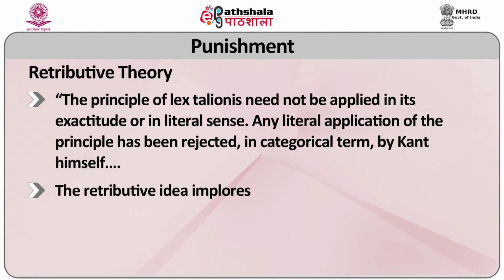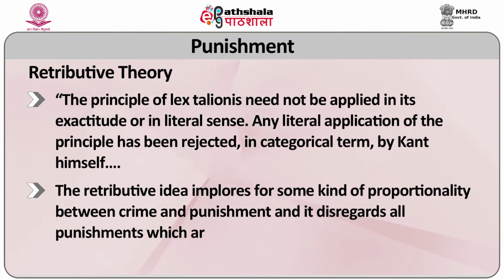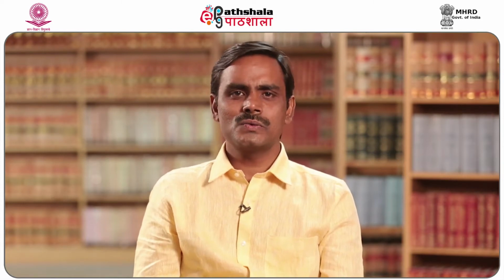The retributive idea implores for some kind of proportionality between crime and punishment, and it disregards all punishments which are disproportionate in every sense. Retributive theory and the principle of lex talionis found support in the writings of Hegel and Kant, two philosophers who have made rich contributions to the understanding of retributive theory.